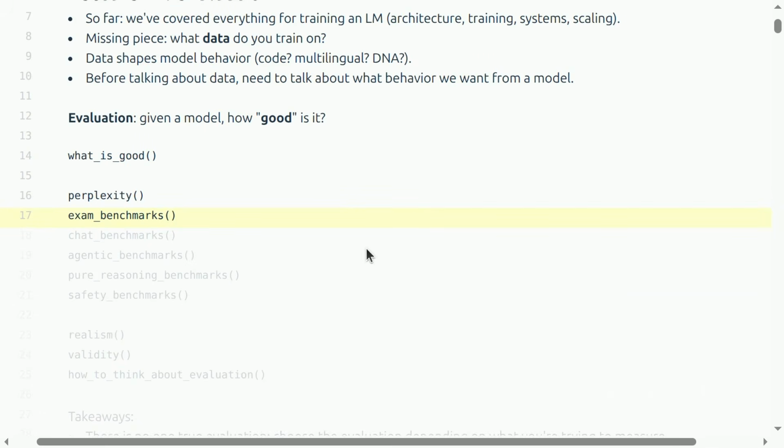Okay, so question: for accuracy, how is the model output compared with the ground truth answer? For multiple choice, it's just, did you get the right answer?